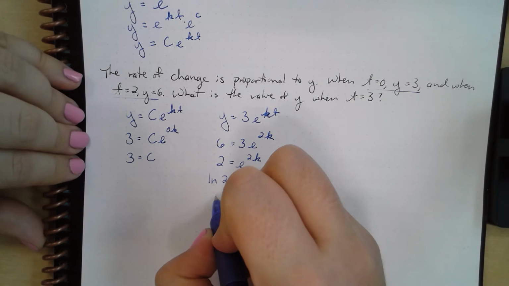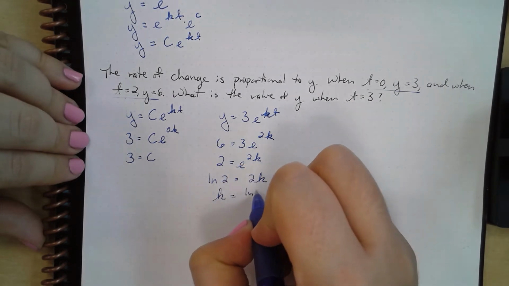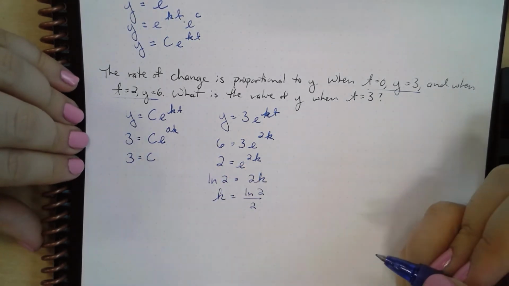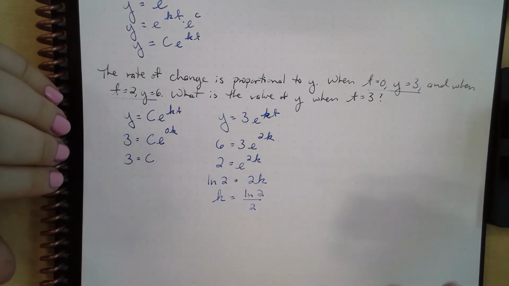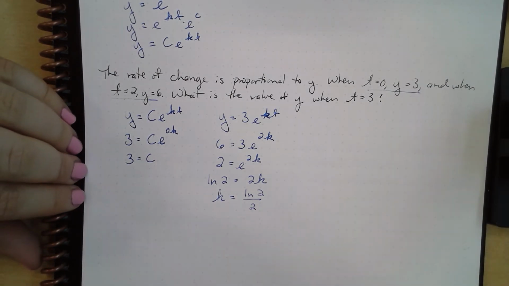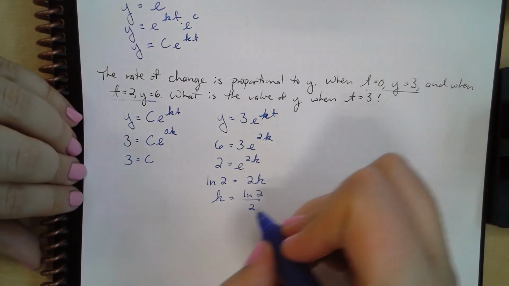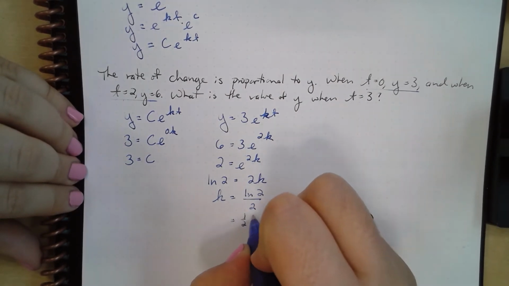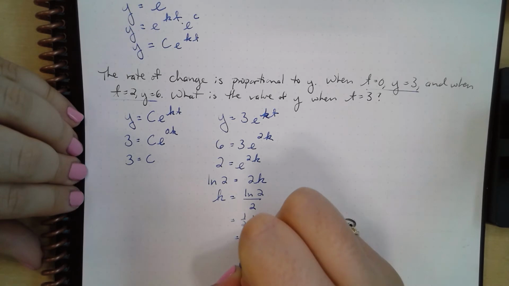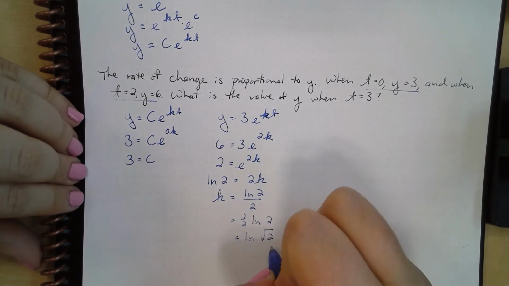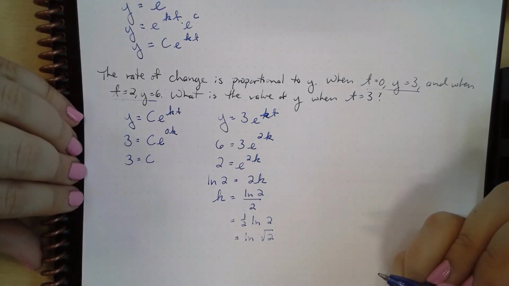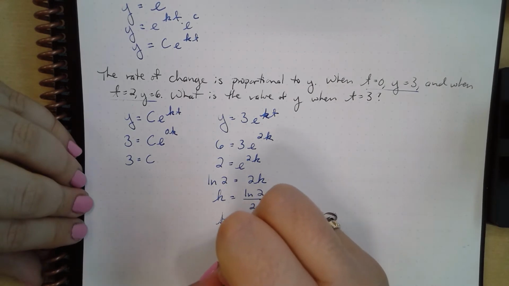So then k is going to be equal to the natural log of 2 over 2. I just want to point out that this is equal to 1/2 ln of 2, which is equal to the ln of radical 2. Hopefully you can see that all those equal the same thing. So these are all k.